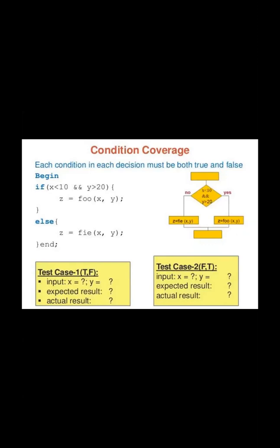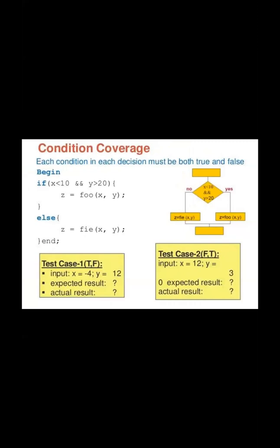If x is true and y is false, what is the input, the expected result, and the actual result? In the same way, test case 2 is framed for x false and y true.